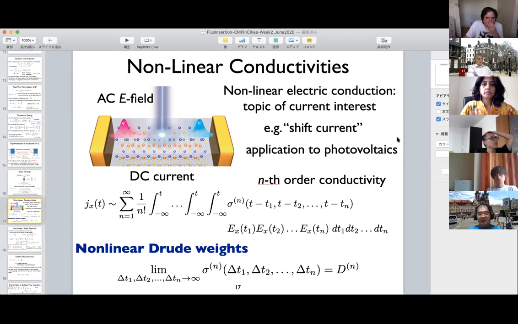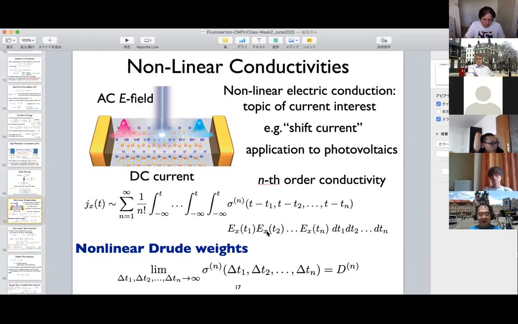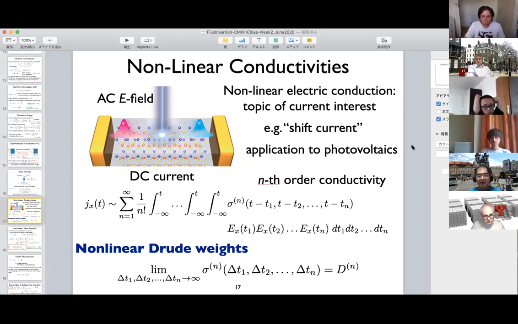And so, in this definition of nonlinear conductivity, all the time arguments enter on equal footing, I guess. Still, I'm not making a mathematically rigorous discussion.